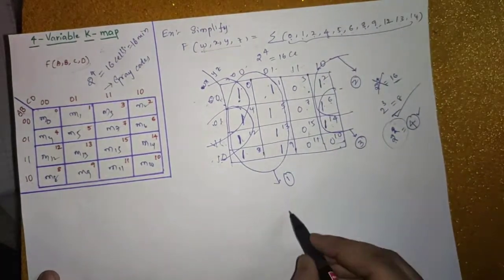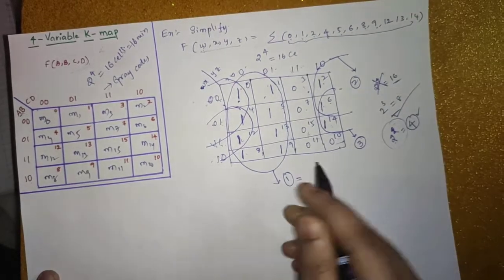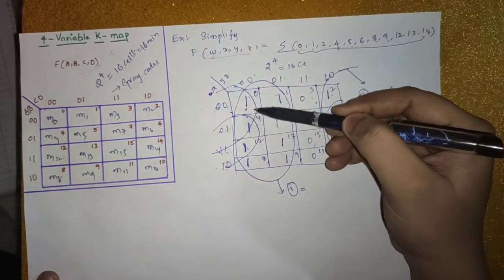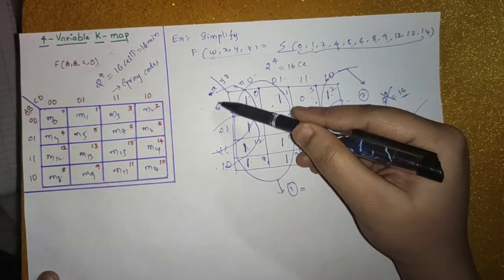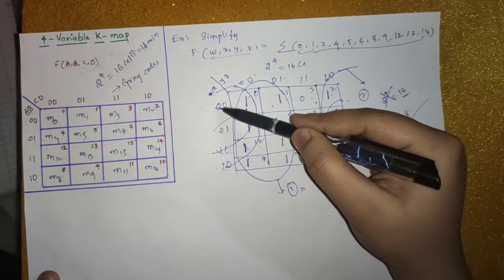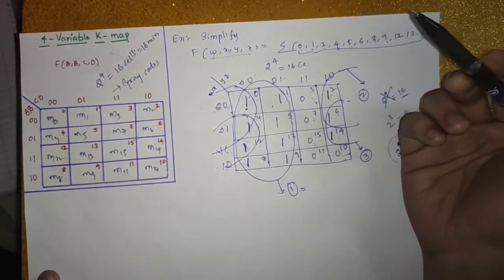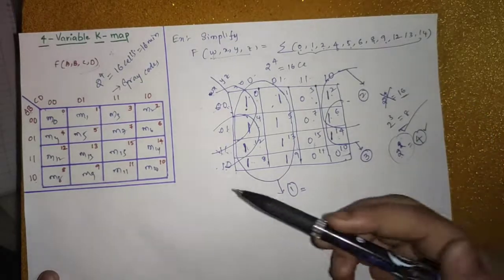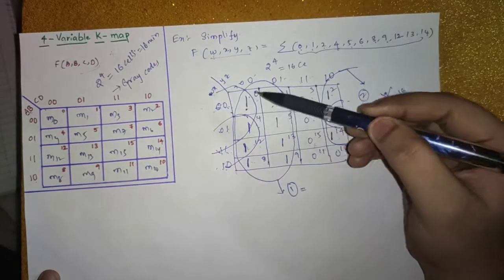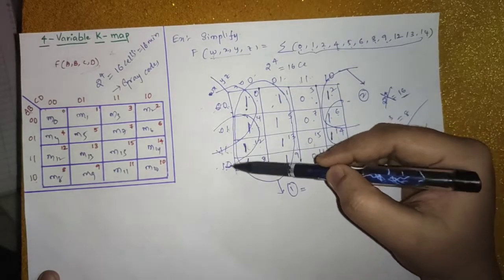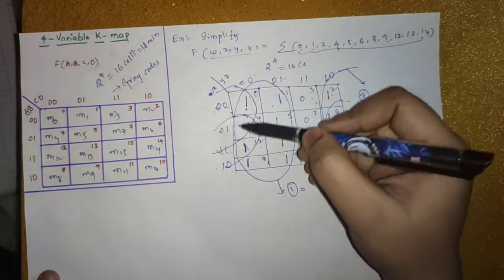So write the expression for first loop. What is the expression for first loop? First, see, in these 3, w is changing from 0 in the first 2 rows to 1 in the last 2 rows, that is varying, so ignore the variable which is varying. And x is also changing. In first 2 rows 0 1, and in last 2 rows 1 0, so it is changing regularly.